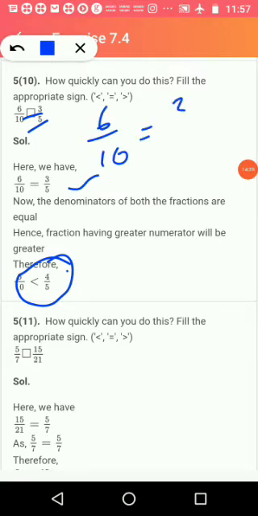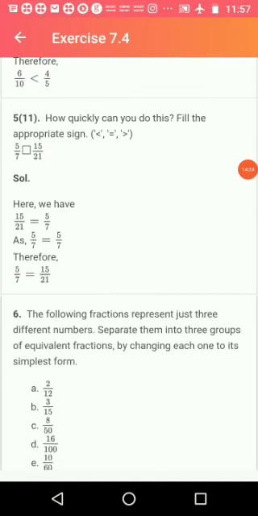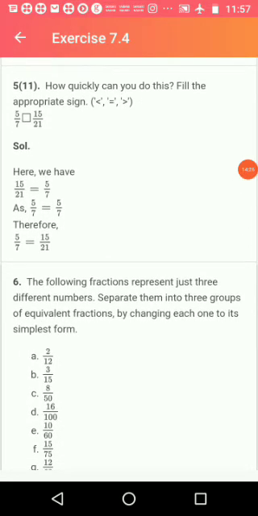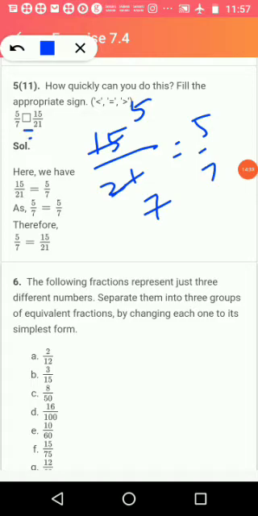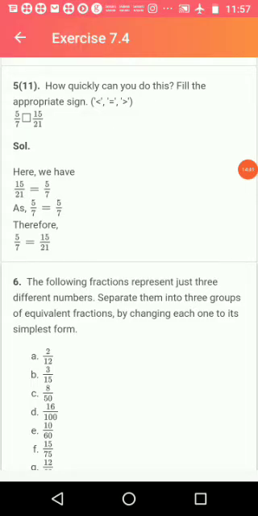But 6 by 10 is equal to 3 by 5. Next. 5 by 7 and 15 by 21. Again 15 by 21, cancel it with 3. 5 3s are 15, 7 3s are 21. 5 by 7. So this is also equal. It is equal. Next.